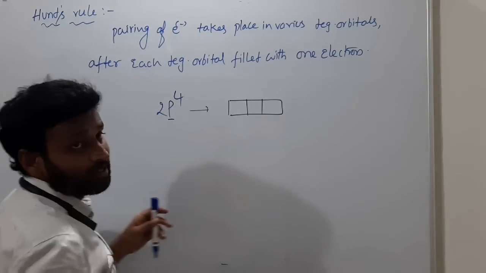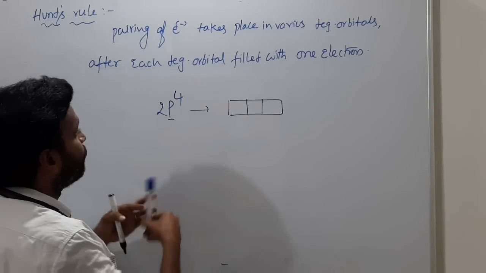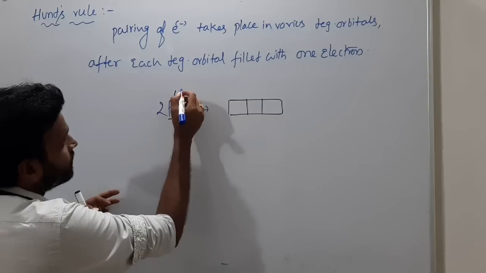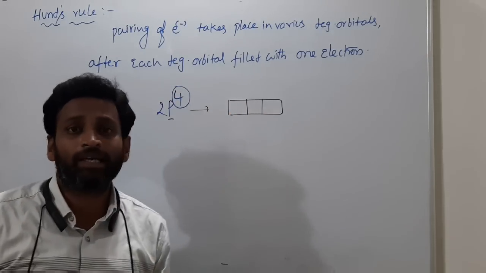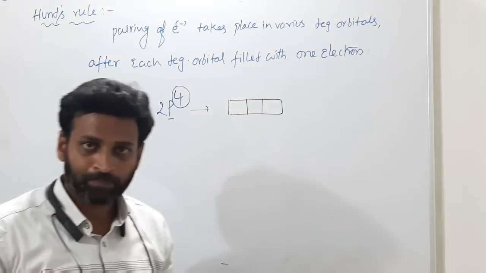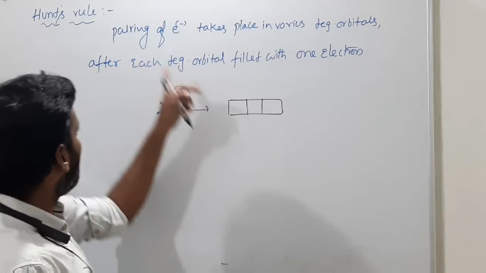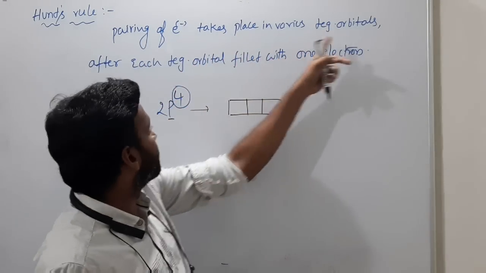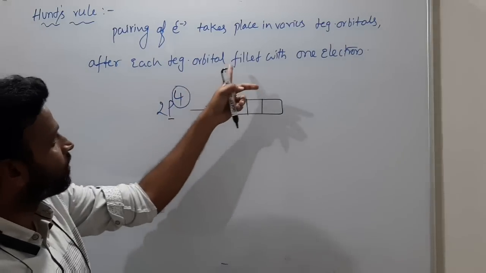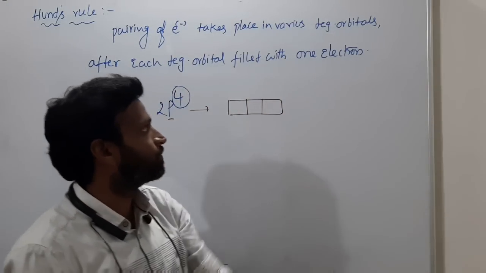So this P has 3 degenerate orbitals. So how to fill these 4 electrons in these 3 degenerate orbitals is the question for us. I repeat what Hund said: the pairing of electrons takes place in degenerate orbitals only after each degenerate orbital is filled with 1 electron each.